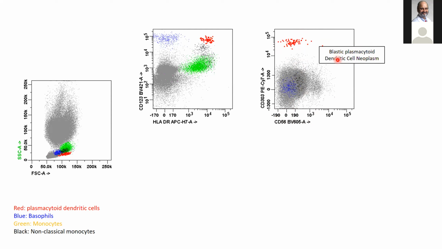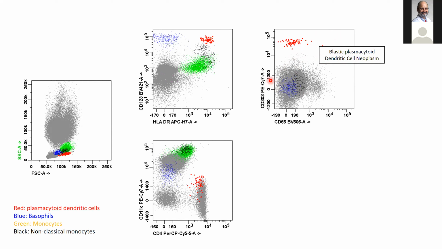So when we see a population of plasmacytoid dendritic cells expressing CD56, this is the first thing we think of. But we've got to remember, if it's not an expanded population, it's only a small population, keep in mind that there are little subsets of normal plasmacytoid dendritic cells that do in fact express CD56. With these blastic plasmacytoid dendritic cell neoplasms, you'll typically see an expanded population of CD56 positives, and oftentimes they have slightly brighter intensity of CD56 than the normal cells.